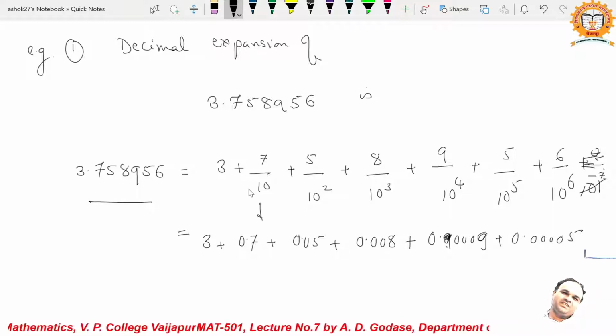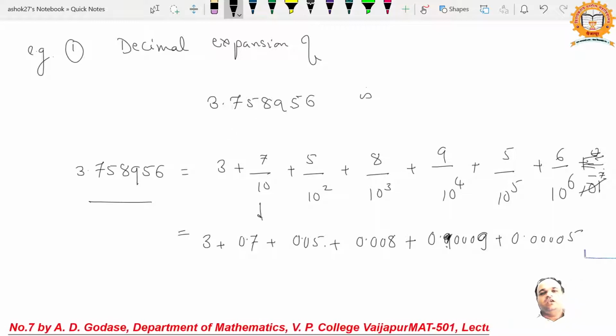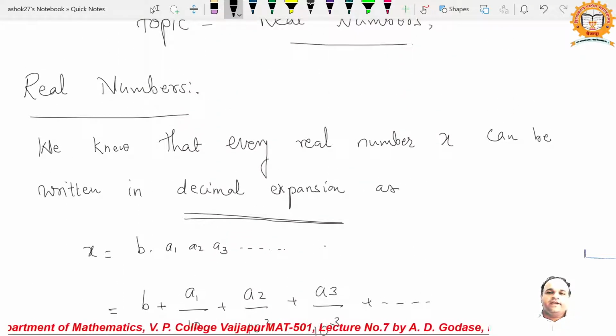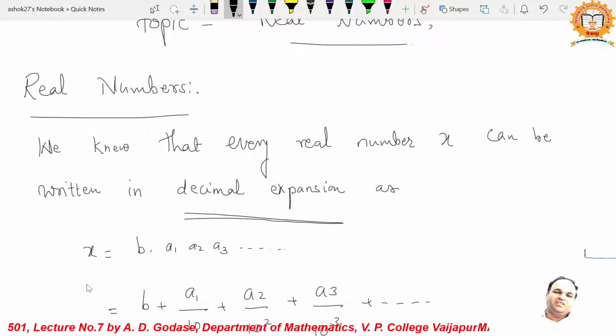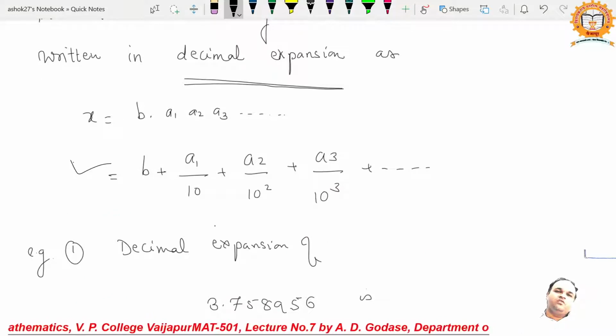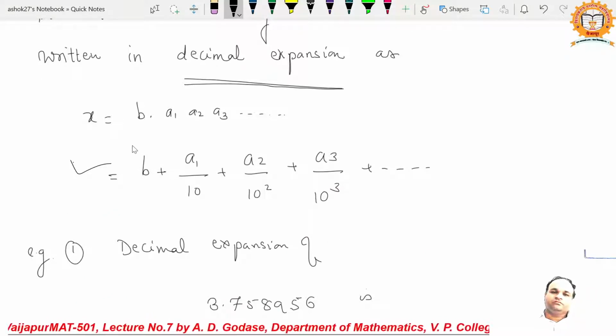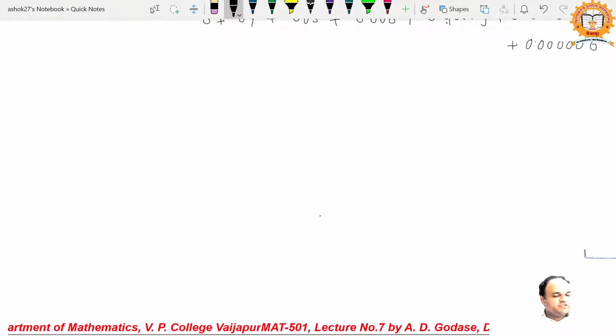So this is the decimal expansion of 3.758956. Every real number x can always be written in its decimal expansion in this way. This is an equivalent form of x, and it is called the decimal expansion.